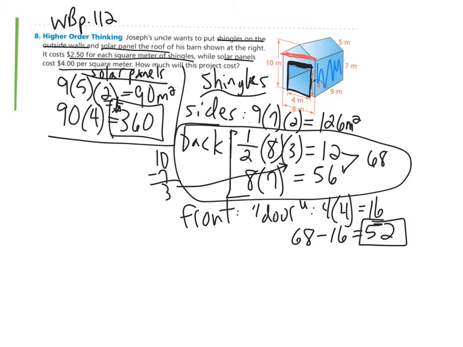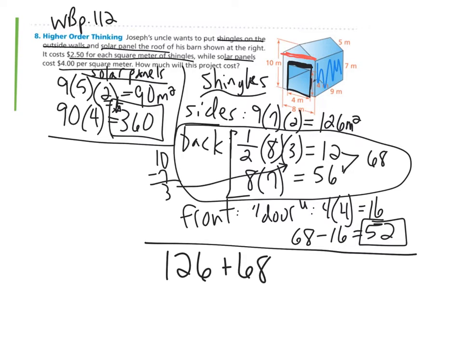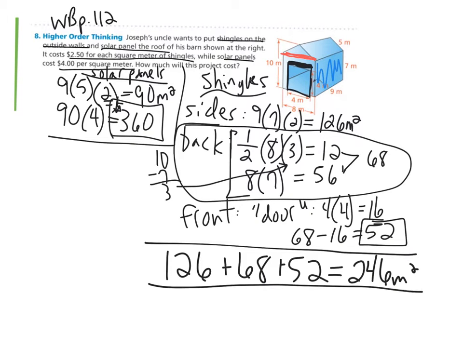We got the back, we got the sides. So if we add those together, we got 126 plus 68 plus 52 is 246 square meters. This part is what we're going to do on the shingles with. So then we could do 246 times 2.50.